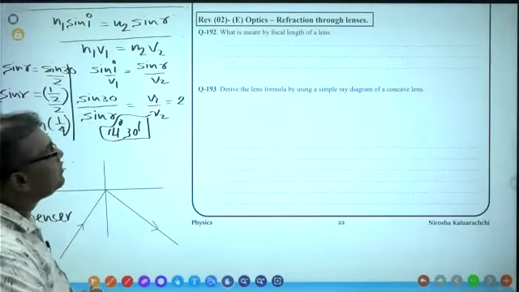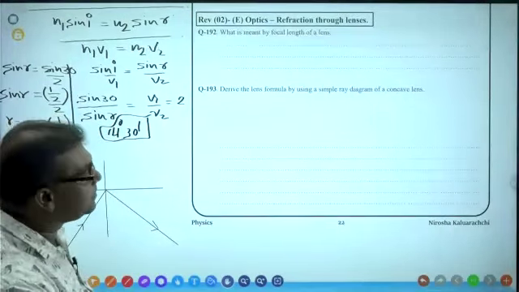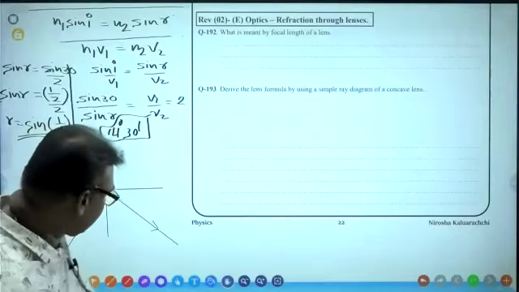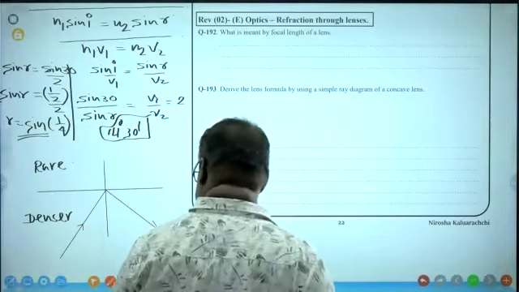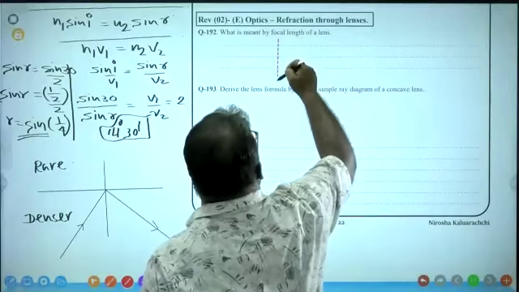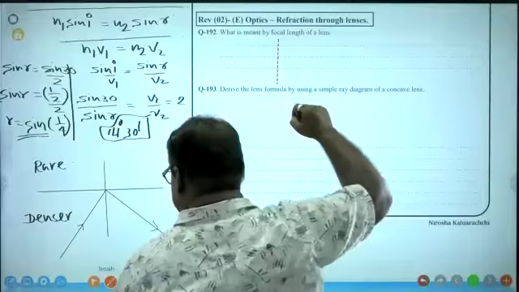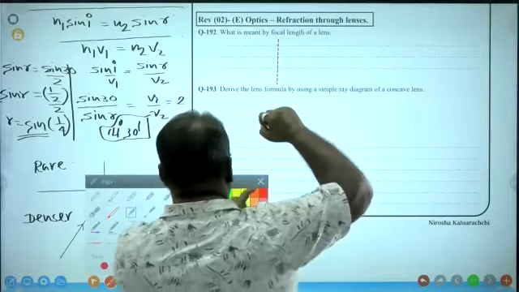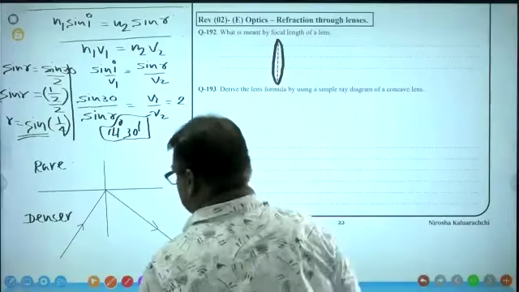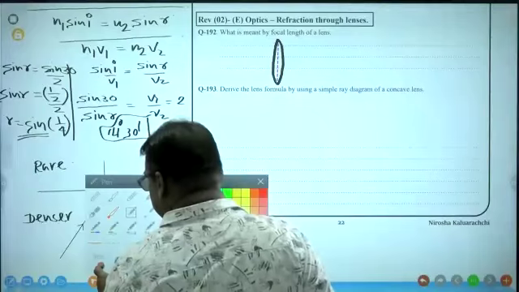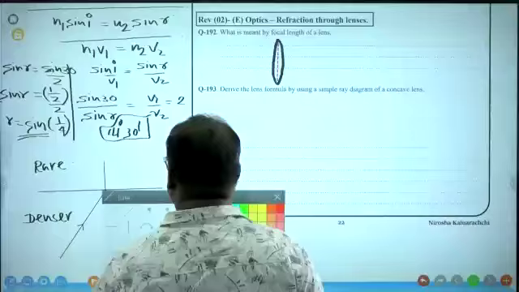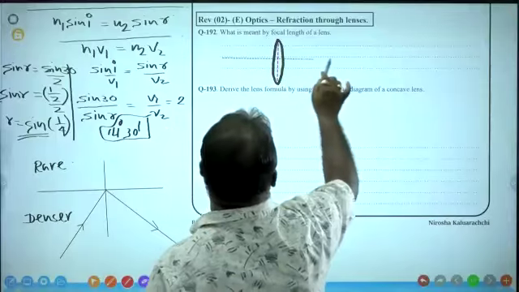192. What is meant by the focal length of a lens? Can you remember? Here we have a convex lens, and here the principal axis.